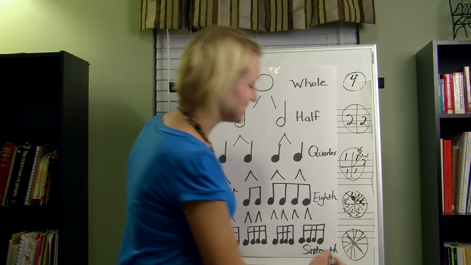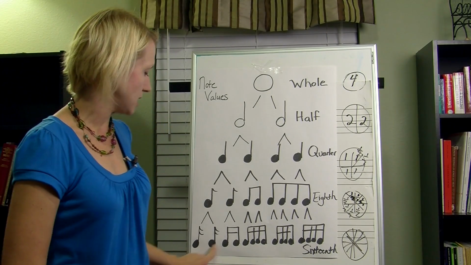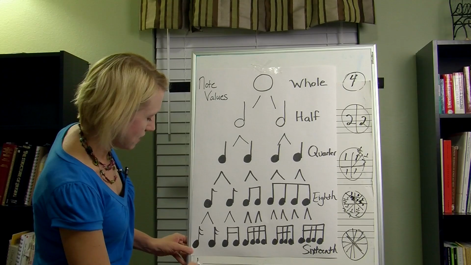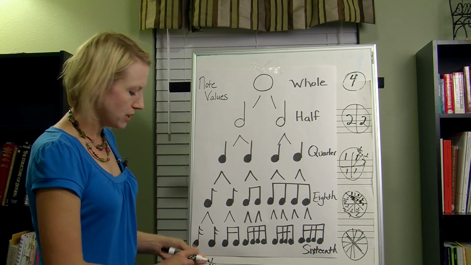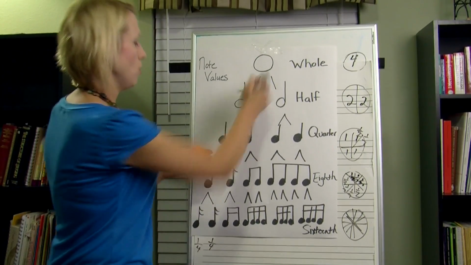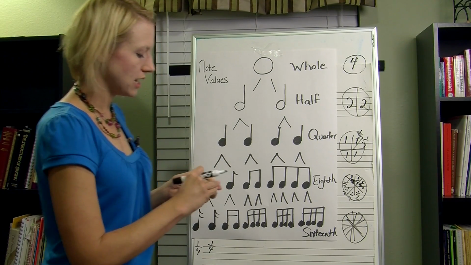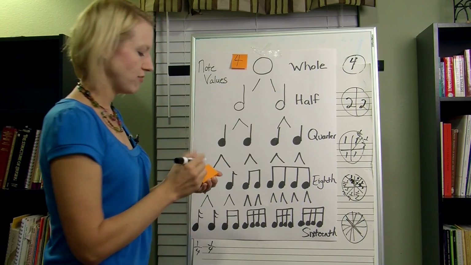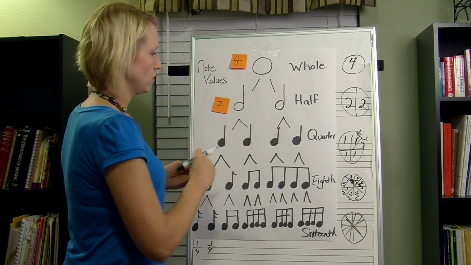So each of the 16th notes, and when I'm talking about the 16th notes, I'm talking about each of these note heads. Each of these note heads right here is now worth a fourth. So let me go ahead and just label each of these values. Whole note, we're going to assume for the most music that we're talking about is going to be 4. Half note, we're going to have 2 and 2.